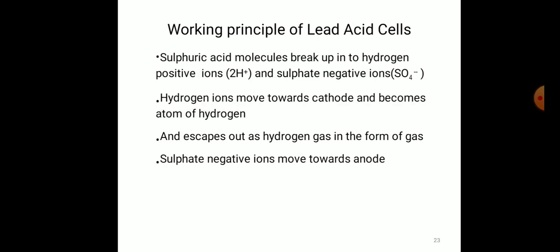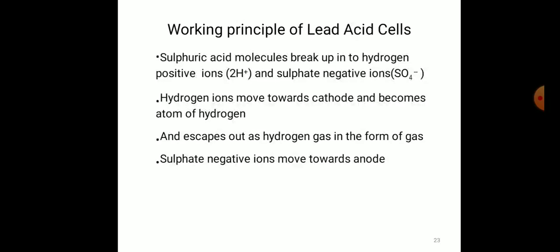So now we see how it works. The sulfuric acid molecules break up into hydrogen positive ions and sulfate negative ions.